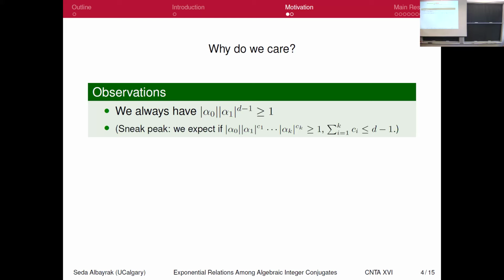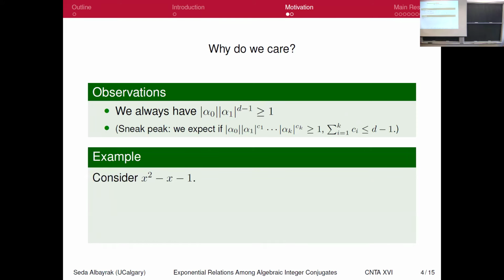This was just to look at it in a simpler way. But if you have up to k, and you have C1 to Ck, then we're going to see that the sum is at most d minus 1. Here it's only C1, and we see C1 is at most d minus 1.